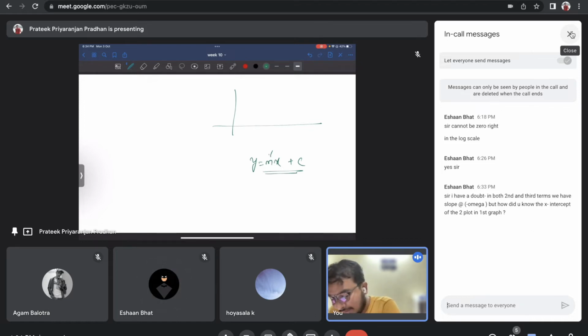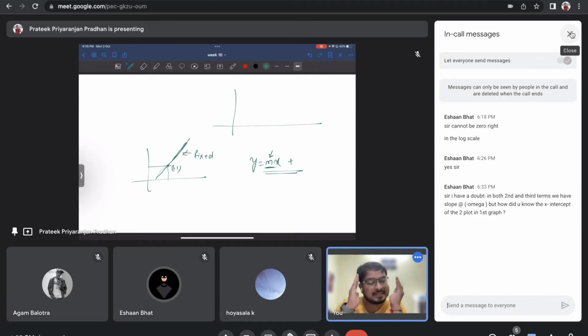Once you know the m, and you have one point, say the point is 1 comma 1, and at 1 comma 1 I want a slope of 45 degrees, how many lines can you imagine? There is only one, right? Only one, because m is fixed.